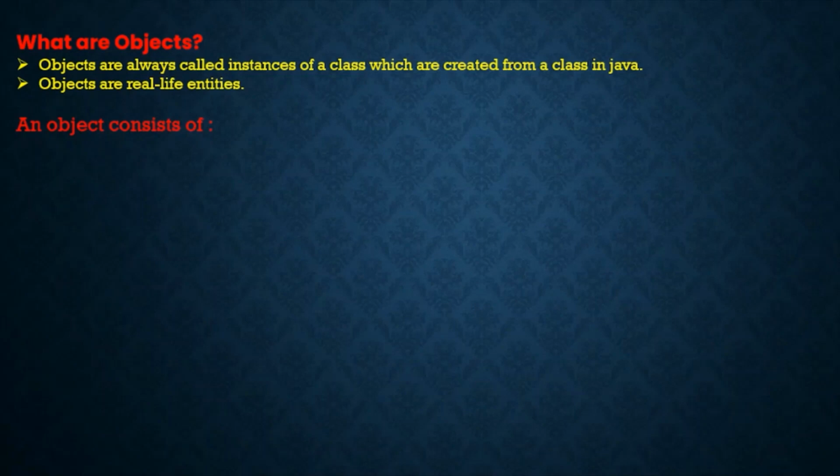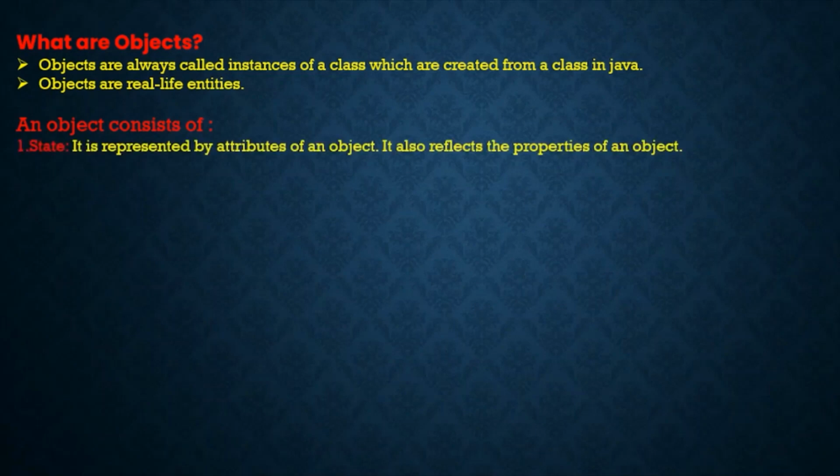Similarly, I have told what a class may typically contain. So similarly, what an object consists of. Object is having some state. We are writing the properties of a class, right? So whenever you are writing a class having some properties, and again we are creating the object of that class, then it will have some state.